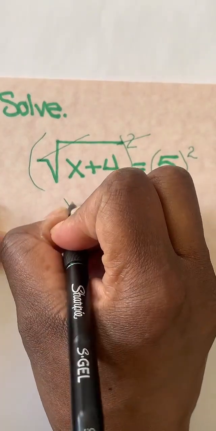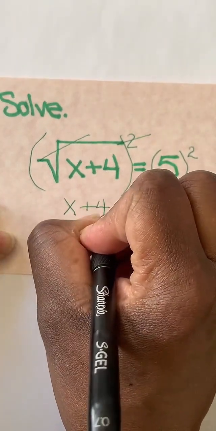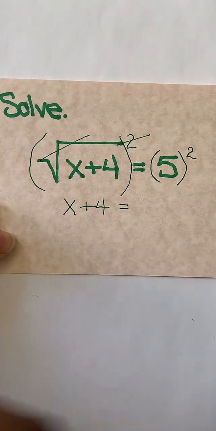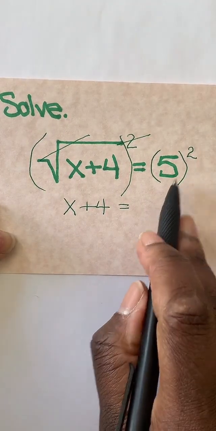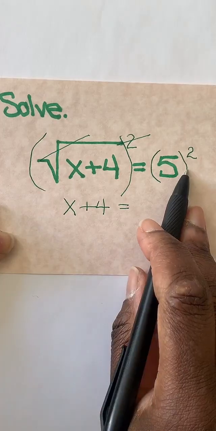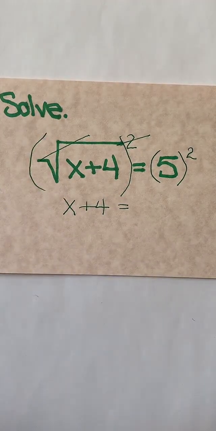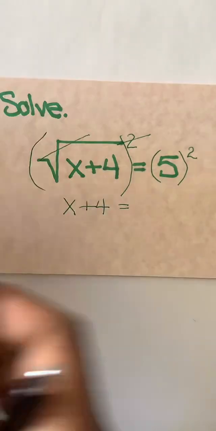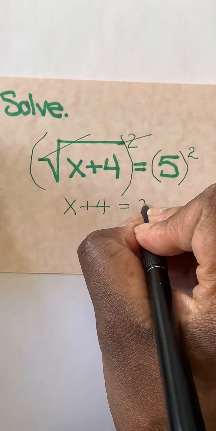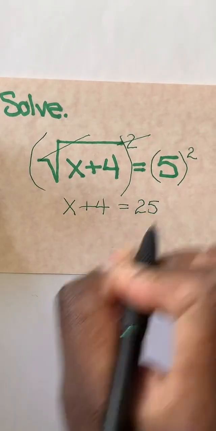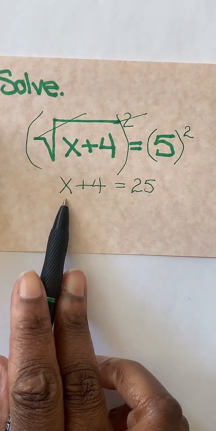So now I got my x plus 4 equals 5 squared. 5 squared is not 10, okay? 5 squared is the same as saying 5 times 5. And 5 times 5 equals what? 25. So here we go with our 25. And now we want to get x by itself.